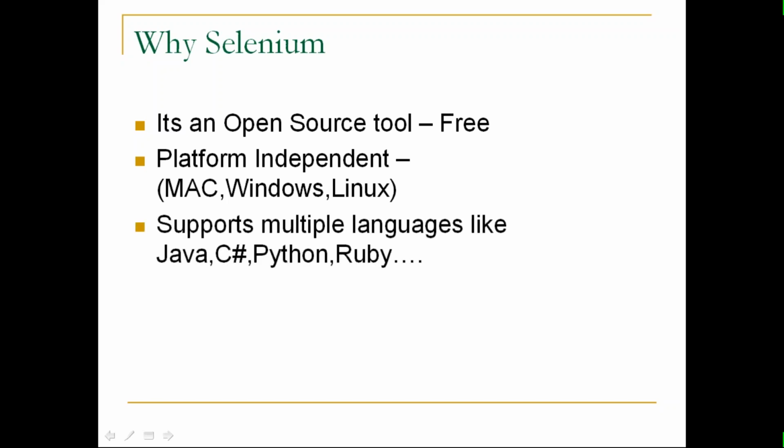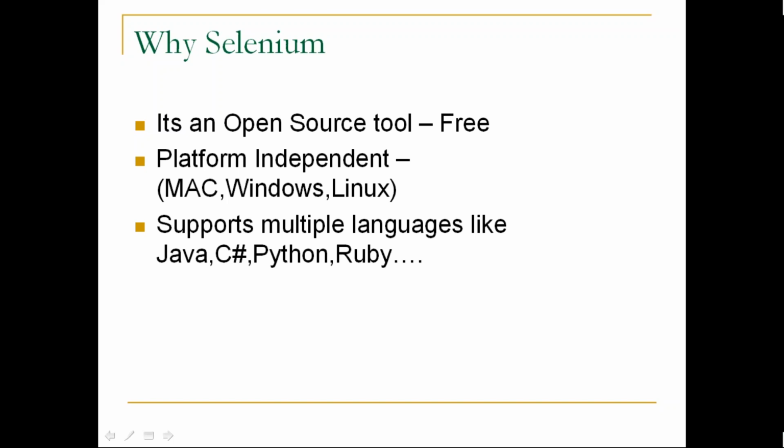And like I said, it also supports many languages like Java, C Sharp, Ruby, Python, using which you can write the code. So with this, if companies have people who know Java, they don't need to hire new people. They can just use the people who are already there, and they can develop the automation.